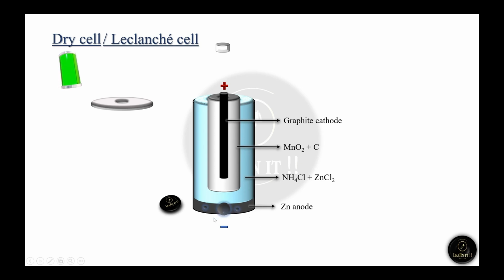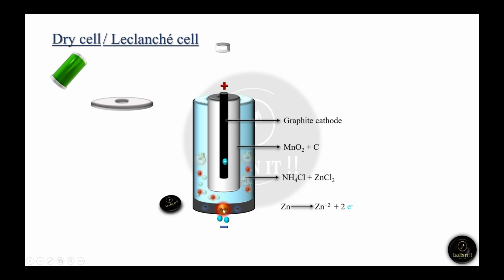With respect to working, we know this terminal is negatively charged because of the excess production of electrons, which is done by the zinc upon oxidation. So zinc upon oxidation gives Zn2+ ion and 2 electrons.